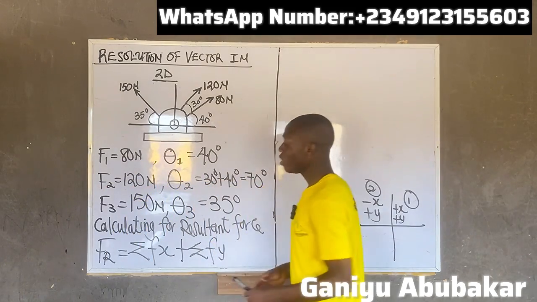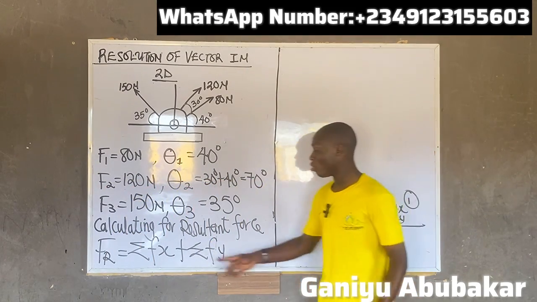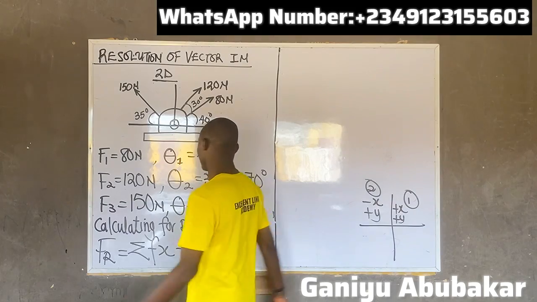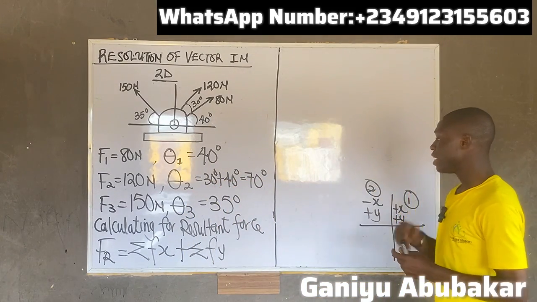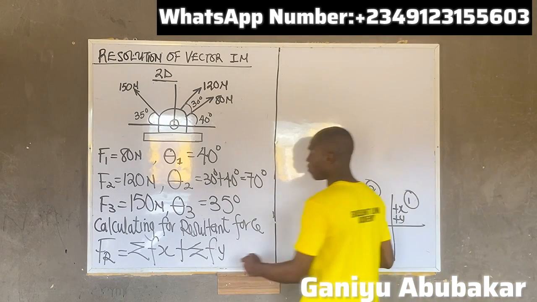This is my formula. In case you want to put it in vector form, just put i and j and put your arrow. But let's proceed. I need Fx and Fy. Let's start with Fx.